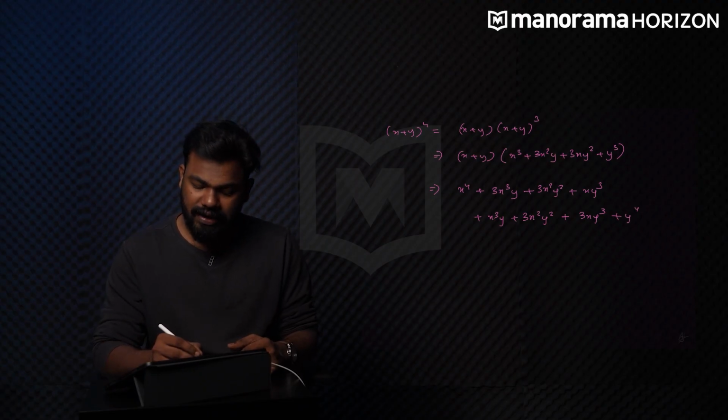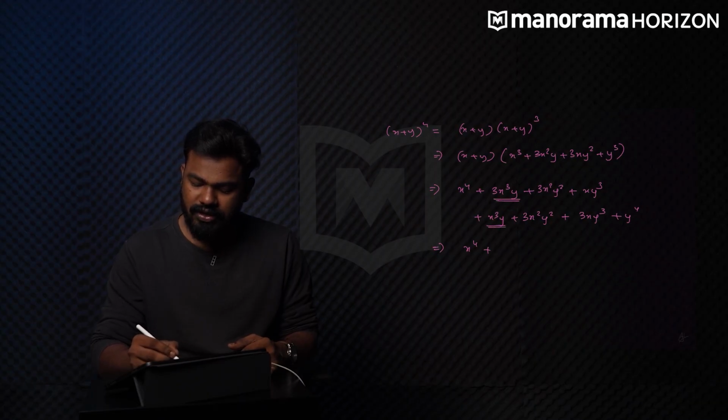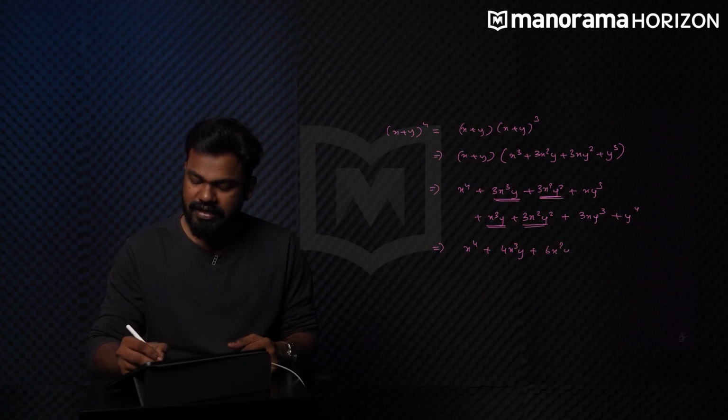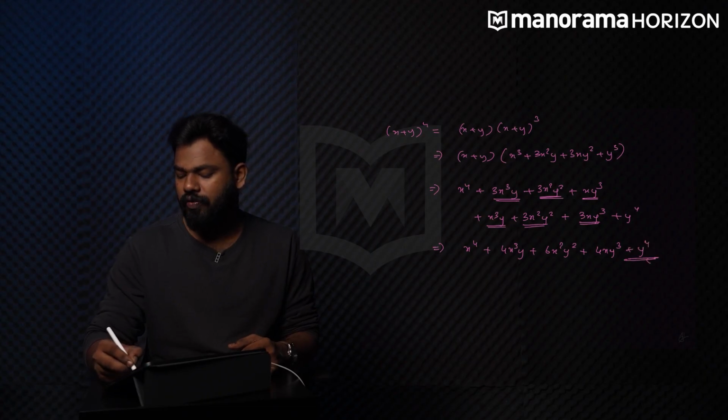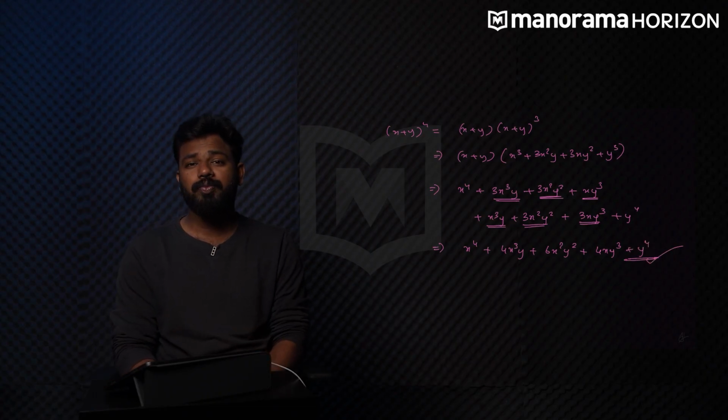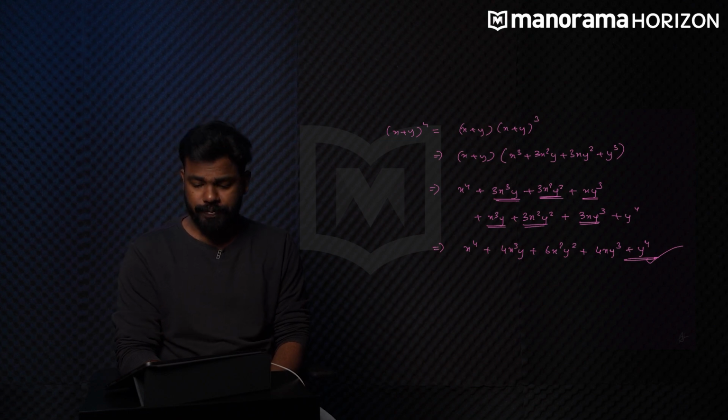Now if I add the like terms, I get x raised to 4 plus 4x cube y plus 6x square y square plus 4xy cube plus y raised to 4. So you have the expansion of x plus y the whole raised to 4.